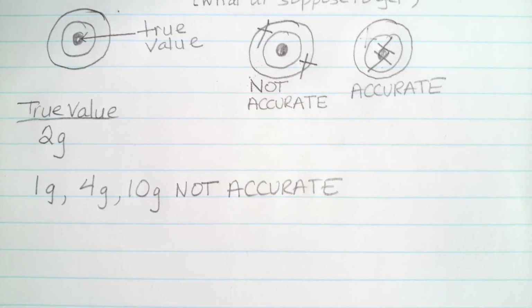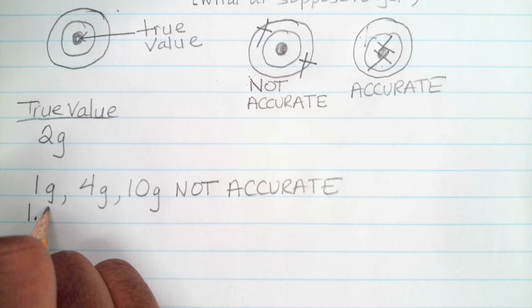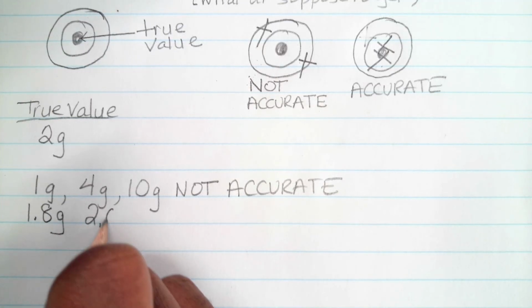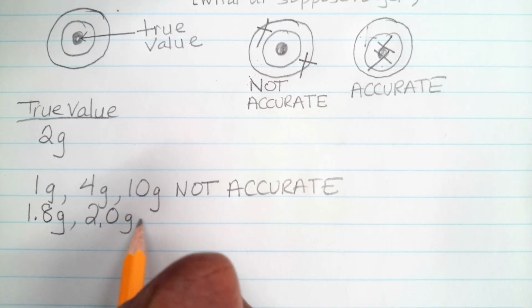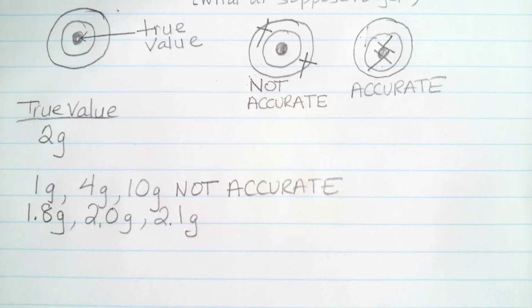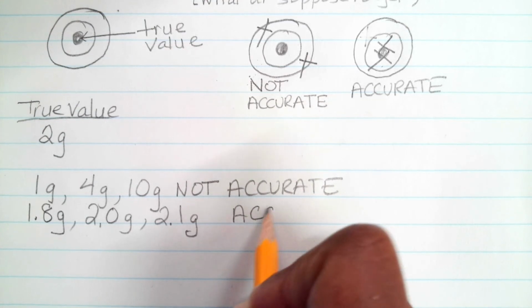I'm going to come up with 3 more numbers. If I get 1.8 grams, 2.8 grams and 2.1 grams, are those measurements accurate? Yep, accurate.